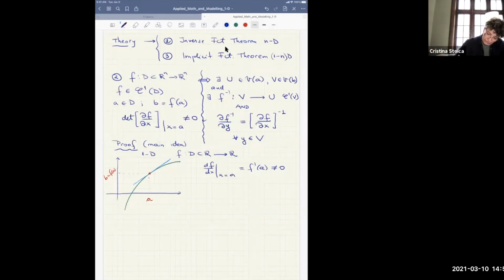Okay, so we know from this one that there is a neighborhood of A on which f of x is strictly monotone, meaning it's either strictly increasing or strictly decreasing, strictly monotone.